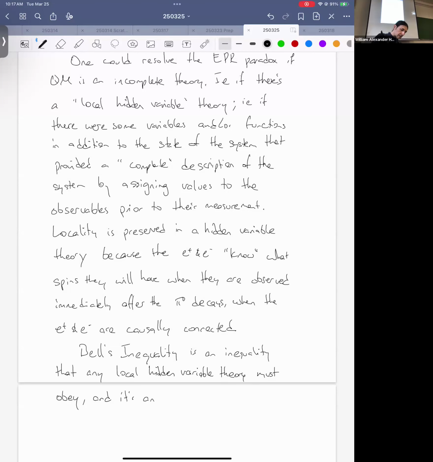And it's an inequality that quantum mechanics explicitly violates.